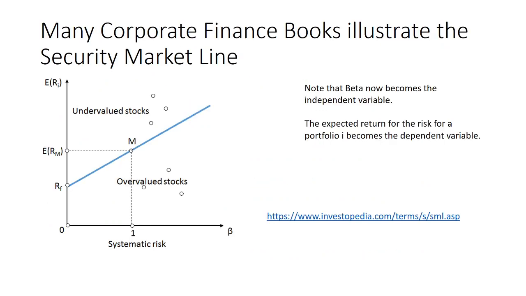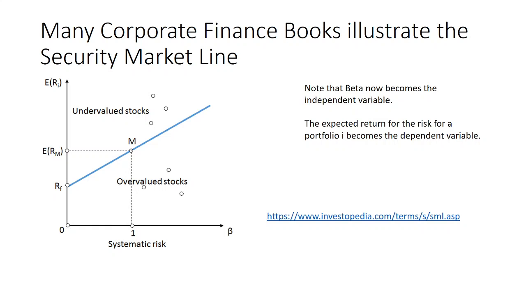Now, just remember, anytime you look at a line, make sure you look at the axes to determine what's measured there. And most corporate finance texts illustrate the security market line, where the systematic risk is on the x-axis, and that's the beta. And then the expected return of your asset is on the y-axis.